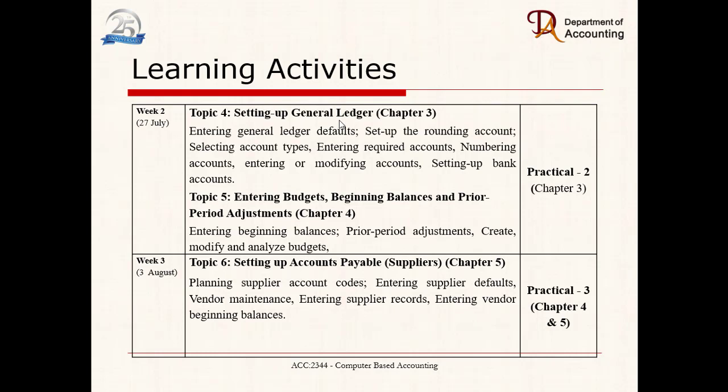You have to set what accounts you would have. You would have the PPE items, land and buildings, motor vehicles, and thereafter the inventory items, trade receivables, and cash items.